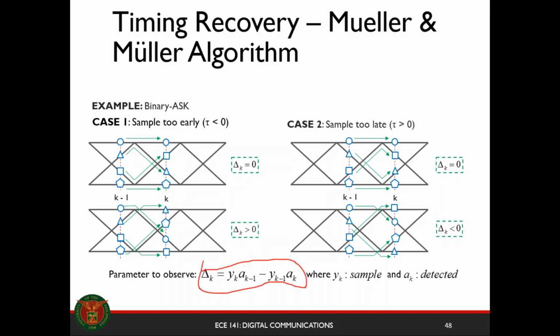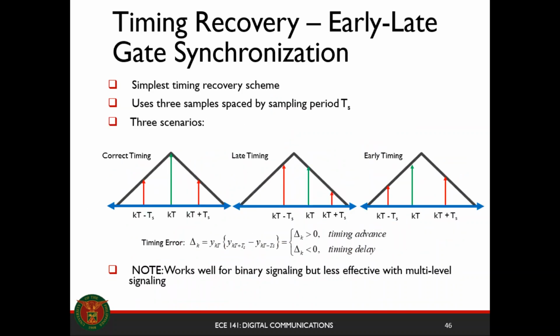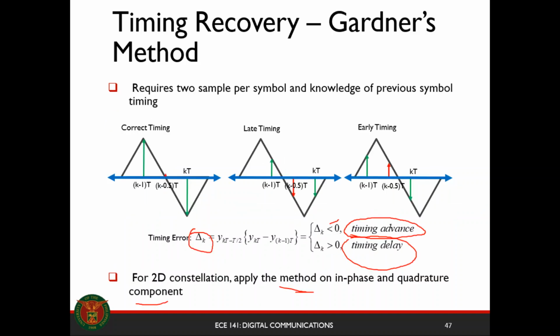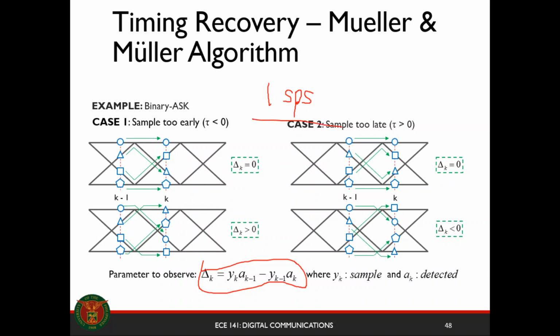The best thing about M&M algorithm is that it only needs one sample per symbol to be able to extract the timing information. As compared to early-late synchronization, you need 3 samples per symbol. For this, you need 2 samples per symbol, and for this, it's 1 sample per symbol. Okay?